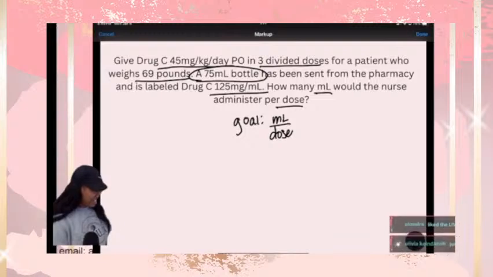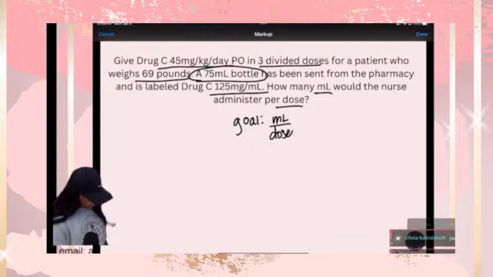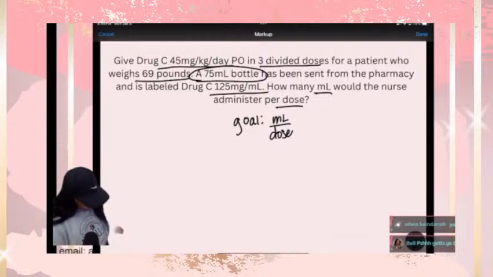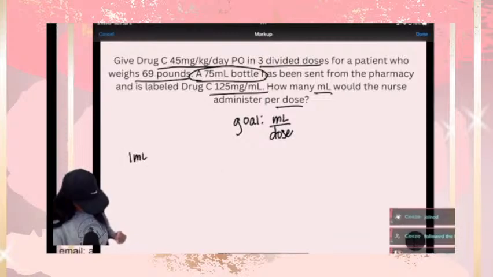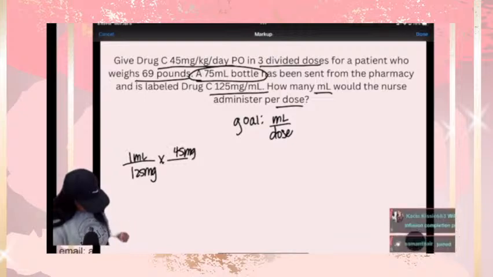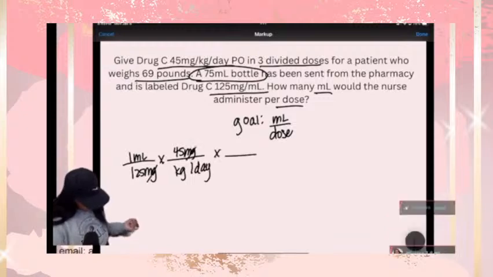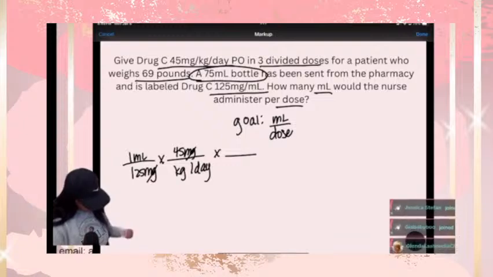All right. We're looking for milliliters, so we're going to start with milliliters. So 1 mL over 125 milligrams. Then we have 45 milligrams per kilogram per day. Milligrams crossed out. Now our patient's weight is in pounds, so 1 kilogram is 2.2 pounds.